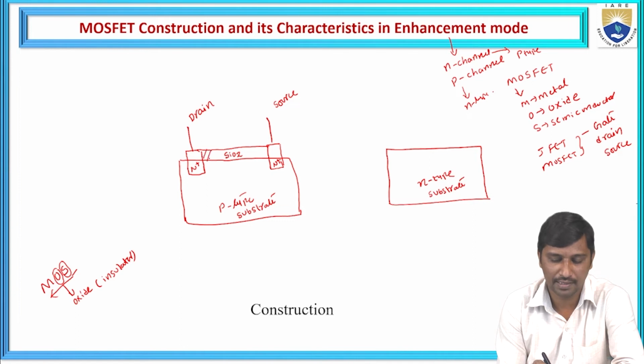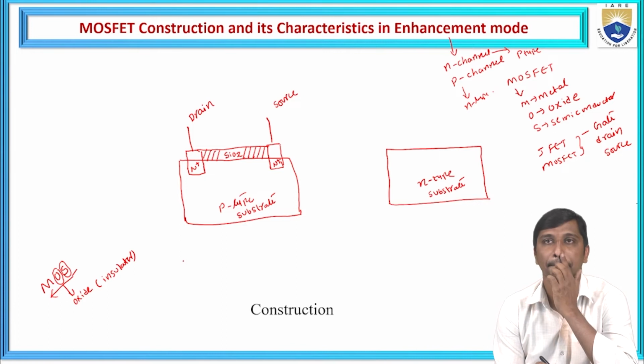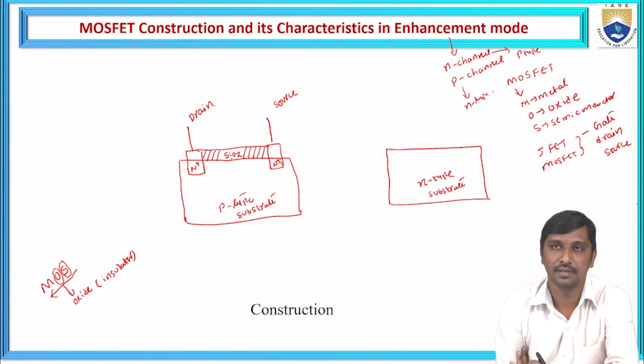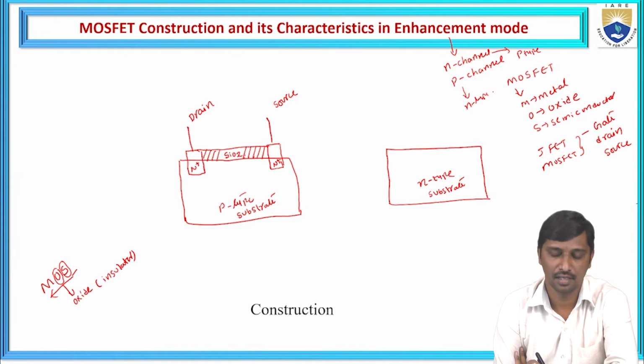It acts as an insulator media between the two conducting plates. So this part acts as the oxide that should be filled with silicon dioxide, and here the silicon dioxide acts as an insulating medium.